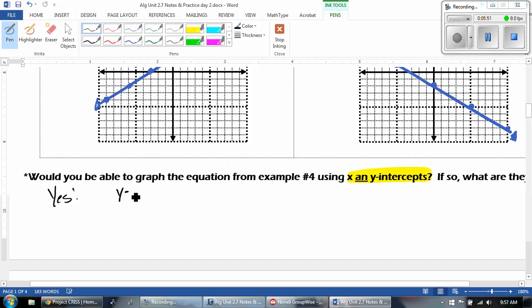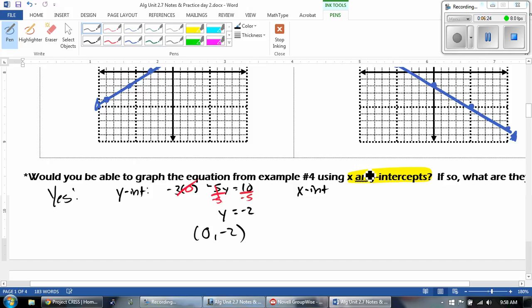When we find the y-intercept, I want x to equal 0. So I have negative 3 times 0 minus 5y equals, I'm sorry, not negative 10, Mr. Grice, just 10. When we plug in 0, that cancels, and all I do is divide by negative 5, and I get that y equals negative 2. So that is the point (0, negative 2).